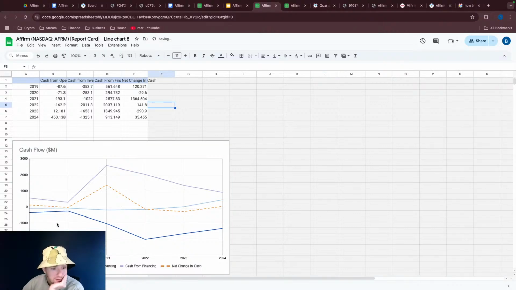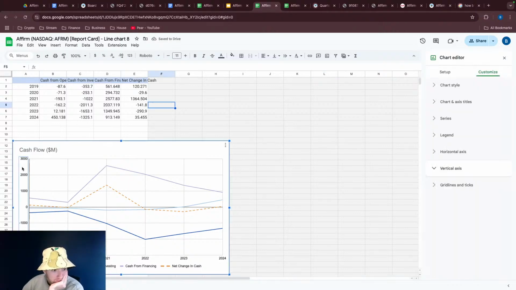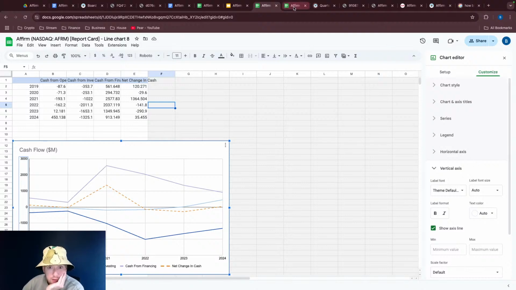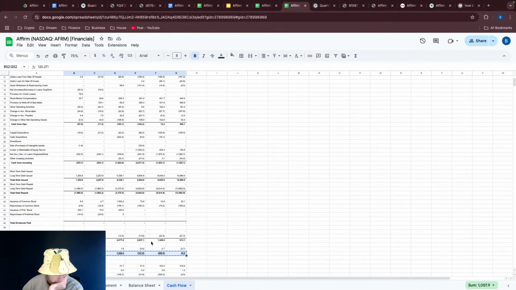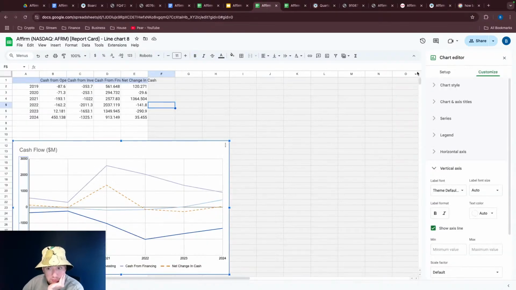So a lot of their financing, as we saw, still high, but they're paying down a lot of it. What was I going to do? I was going to do something. Oh, yes.